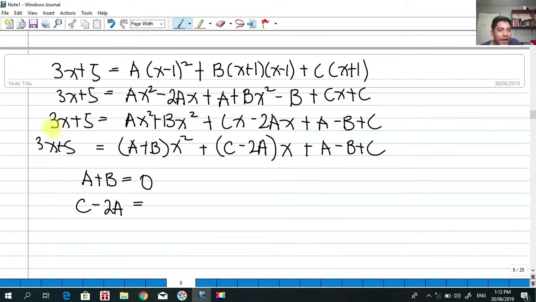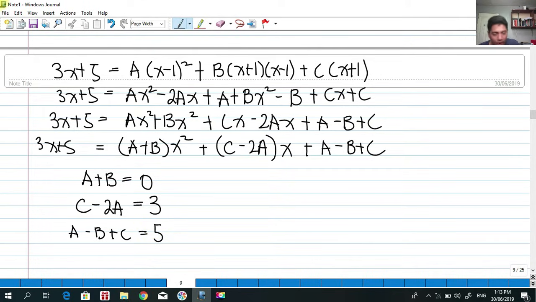Do we have an x here? Yes, we have 3x here. But what we are going to get is only the coefficient. So c minus 2a is simply equal to 3. And a minus b plus c, that's our third equation. That is a constant. Do we have a constant value here? Yes, that is equivalent to 5.